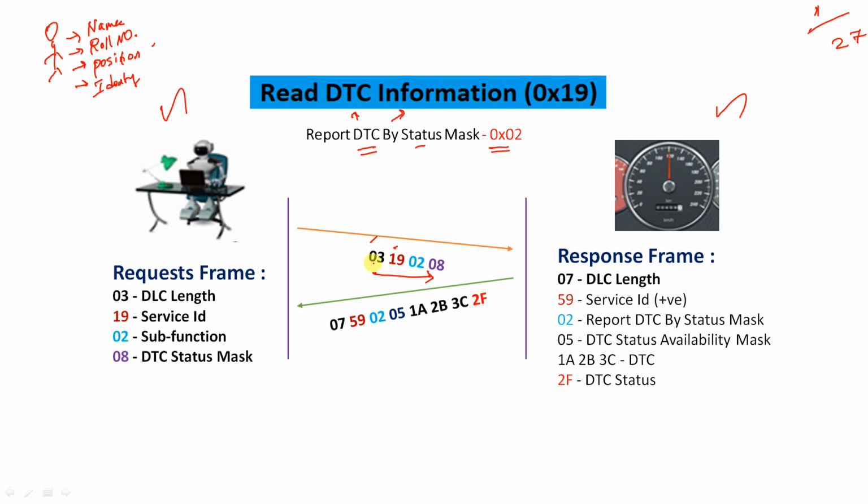So 03 is clear, 19 is clear, 02 is also clear. By using 02 we are calling. And what is this 08? 08 is kind of additional information. For example, if the ECU wants to store some data, that is a DTC or DTC related information, the DTC status, whatever it is, the ECU should have a location for it.